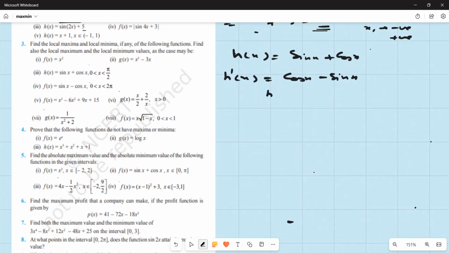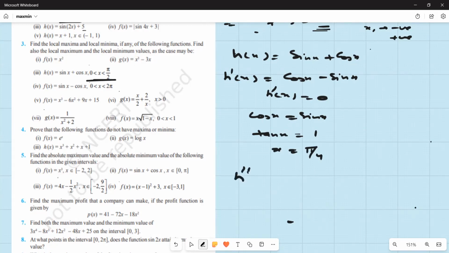Make it equal to 0. So cos x is equal to sin x, or tan x I can write is equal to 1. So x is equal to pi/4, because the interval is 0 to pi/2. So x is equal to pi/4.